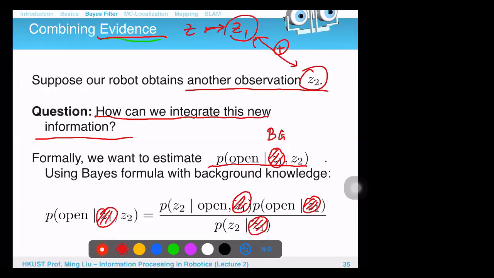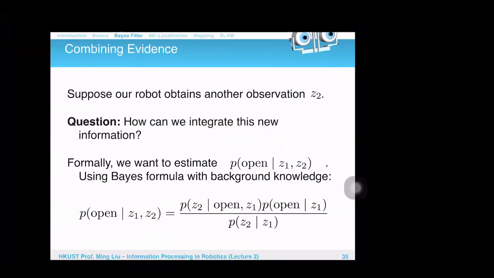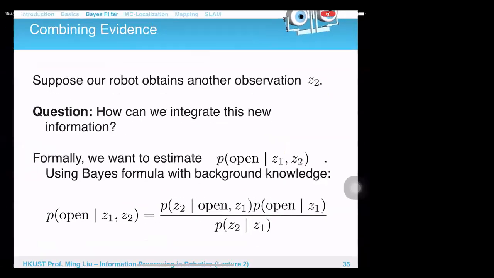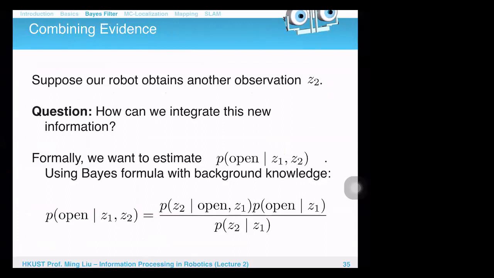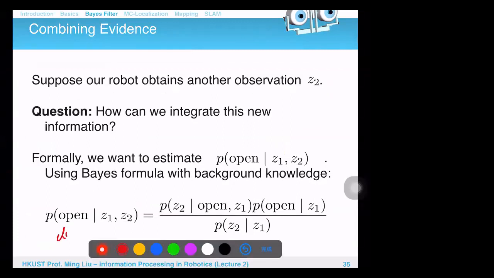Then we add back this background Z1 to each of these components on the right side of the bar, and you will have a complete equation. This is also diagnostic reasoning, right?